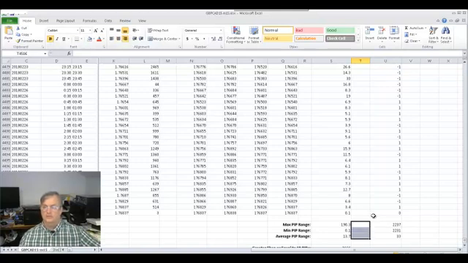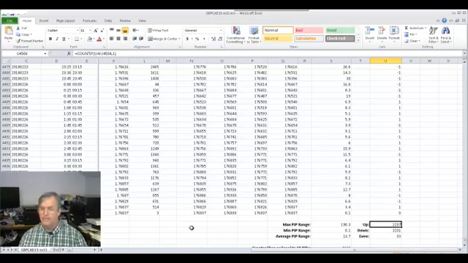So this is up, down, and flat, even. If you look at it, they're almost identical, right? 2237 are up, 2231 are down, and 33 are even.